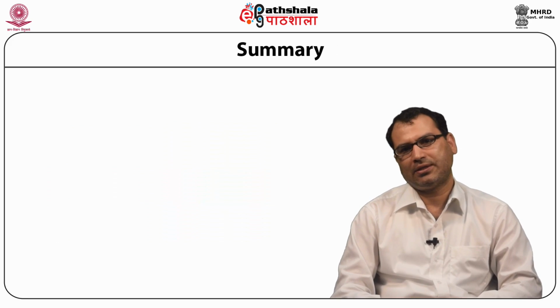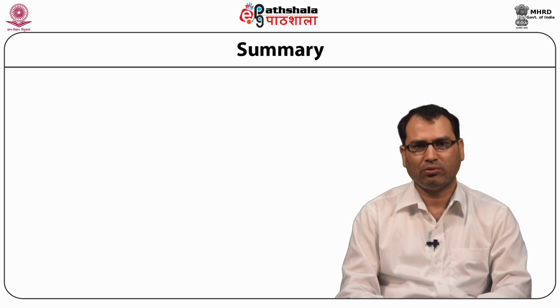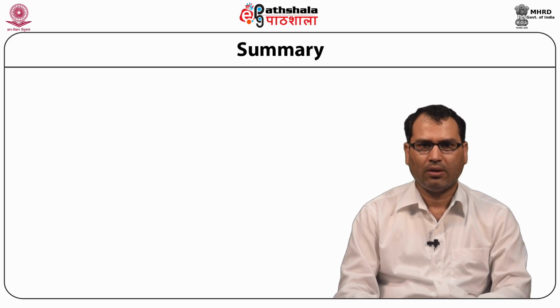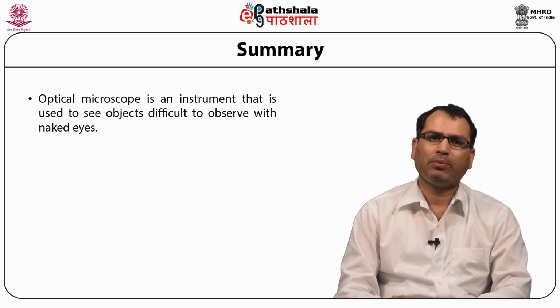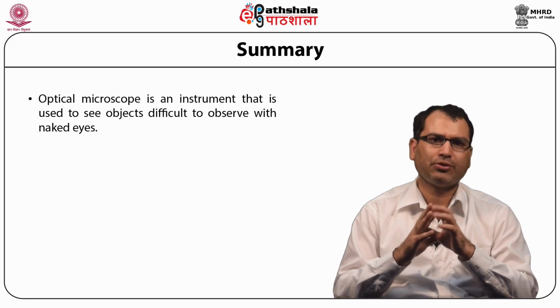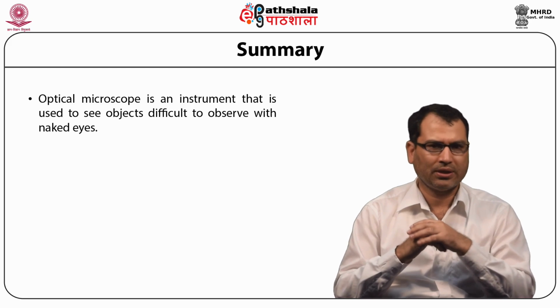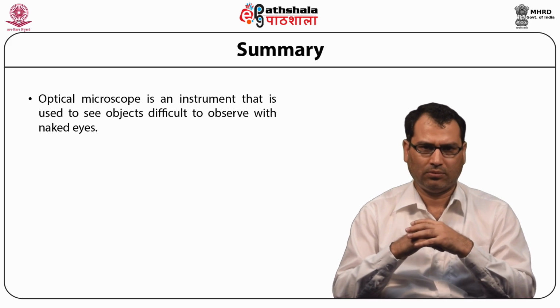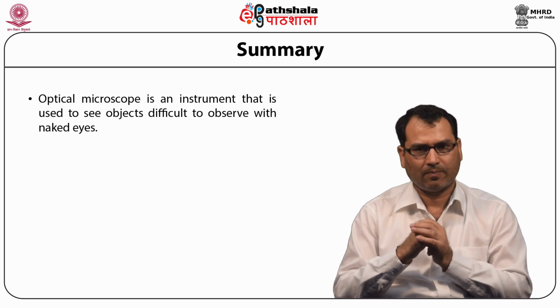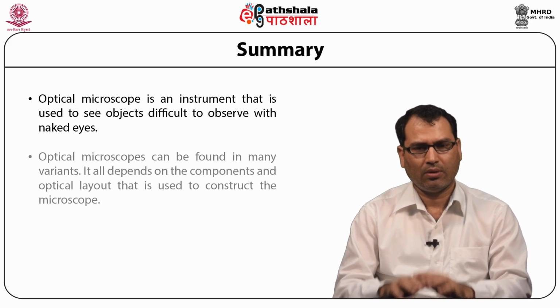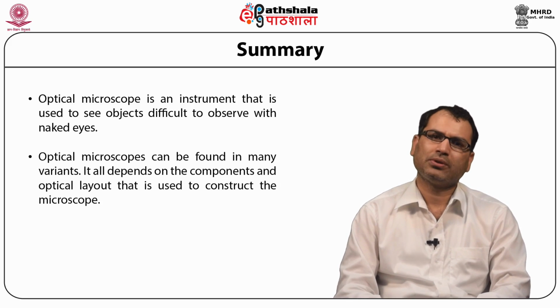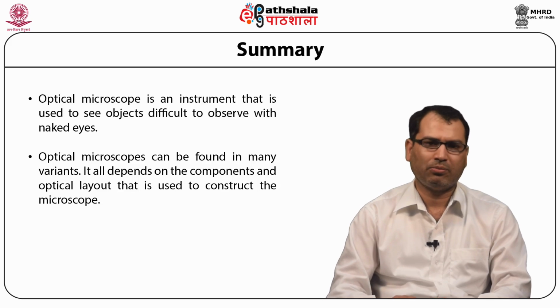So students, let us summarize what we have learned in this module. We learned that an optical microscope is an instrument that is used to see objects difficult to observe with naked eyes. And these optical microscopes can be found in various forms.